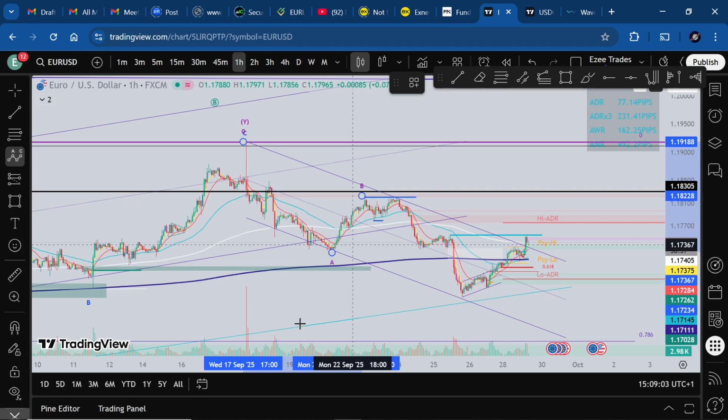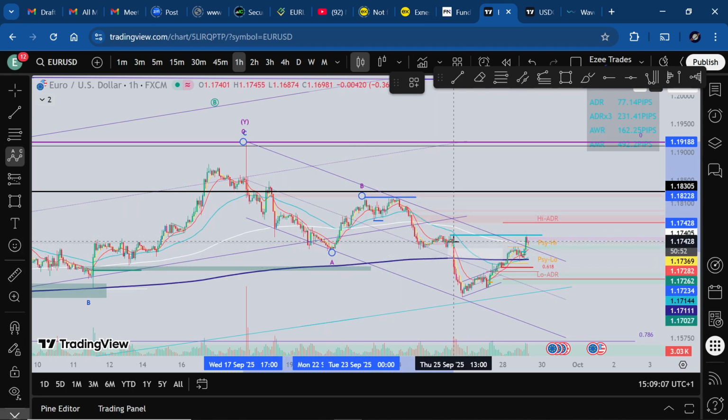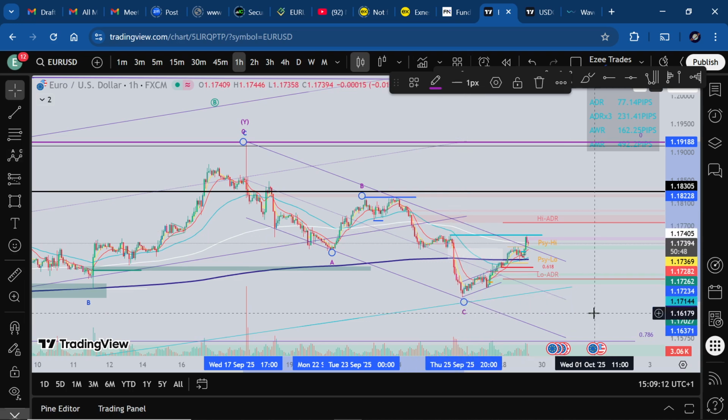B ends here in the zigzag. Then we get a flat, X wave, zigzag, ending wave C.